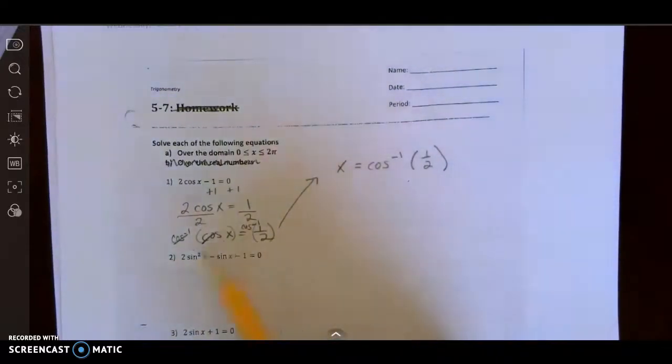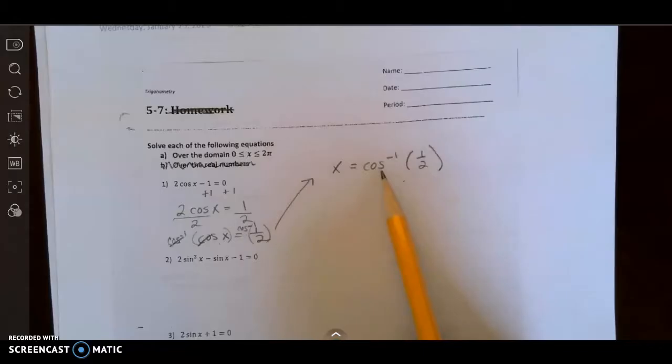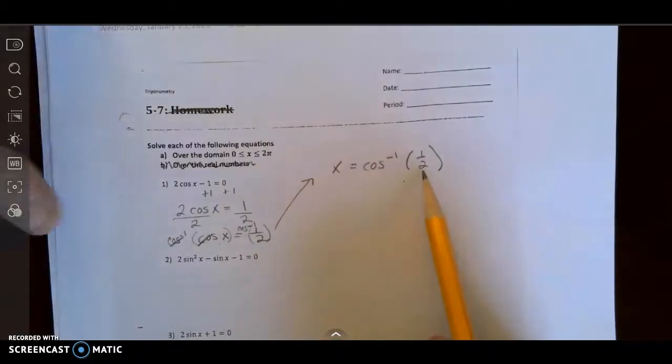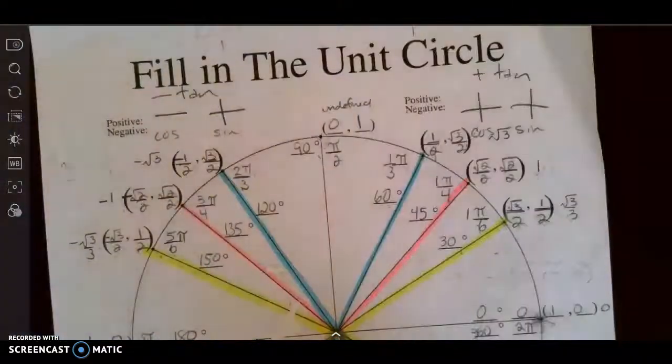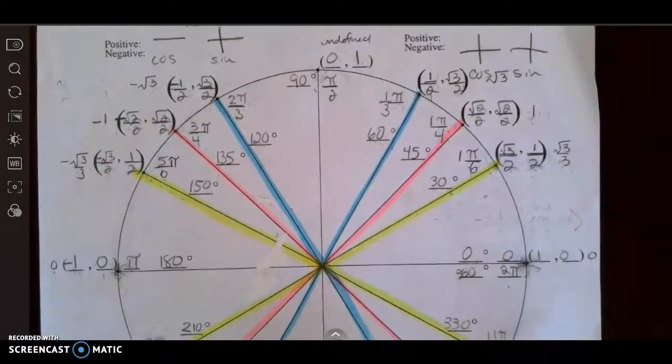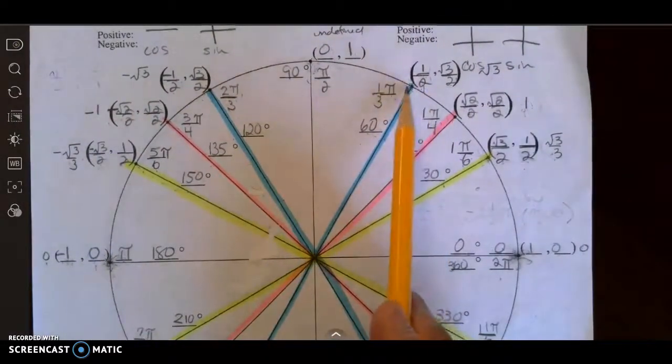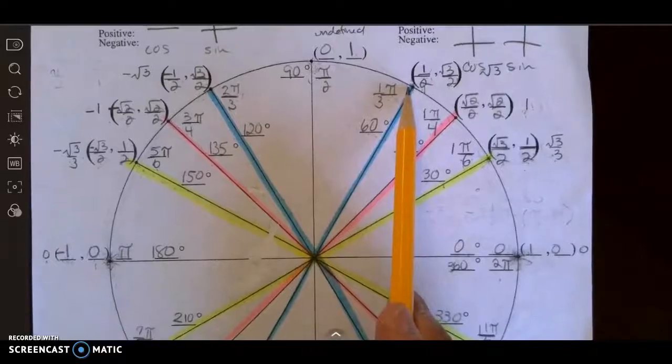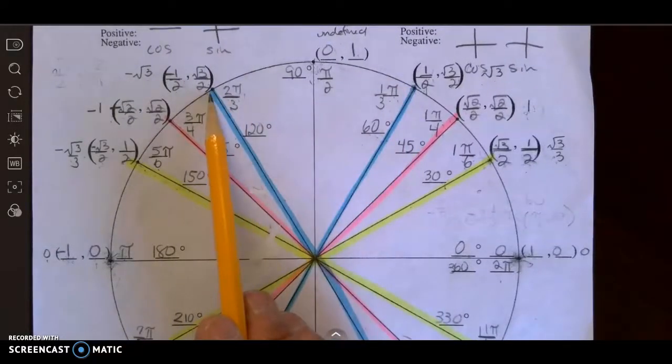Now, because I took the inverse of both sides, I have to look at the entire unit circle, and I want to know where my x coordinates are 1/2. So I just go to my unit circle. X coordinate is a half right here in blue, so it's got to be on another blue. If I come over here, it's -1/2.